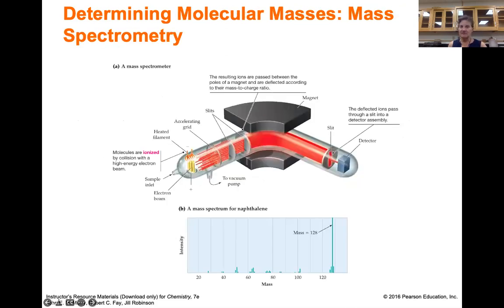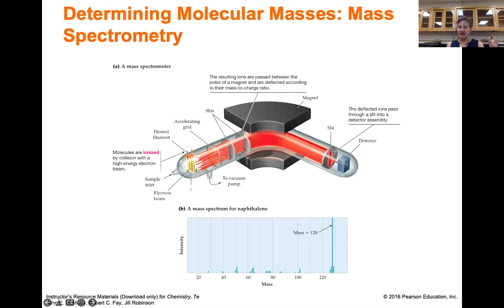So one of the ways that you figure out the percent composition is by using a mass spec. A mass spec is described in your textbook and you can look at it. It's based on the idea that if you have an electric field and you are shooting your molecules from one end of this tube to the other and you put in a magnet, charged particles are influenced by a magnetic field, and they're influenced based on how charged they are and how fast they're going.